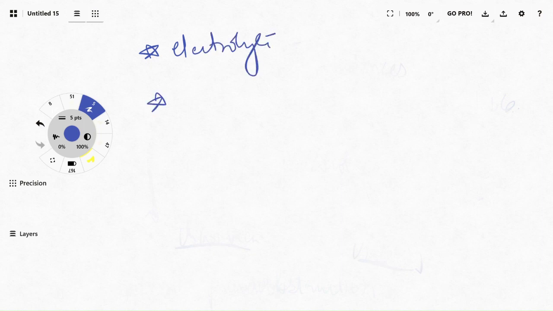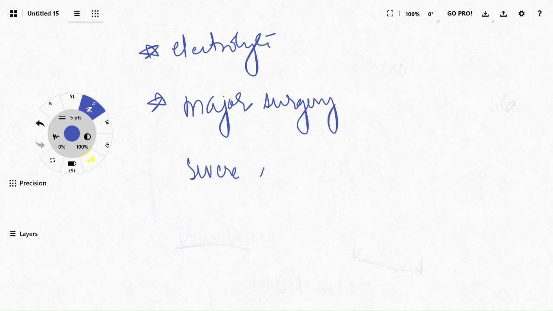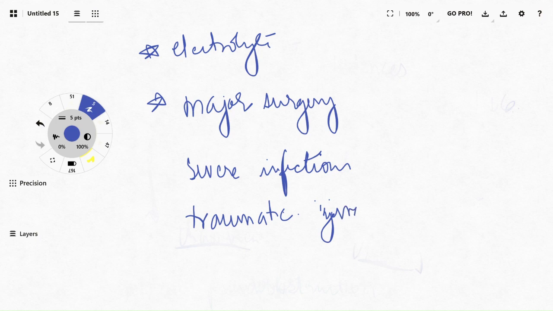And then there's going to be anything major, like a major surgery, right? Severe infections, and traumatic injury, right? So these can also affect the normal autonomic function of the colon.